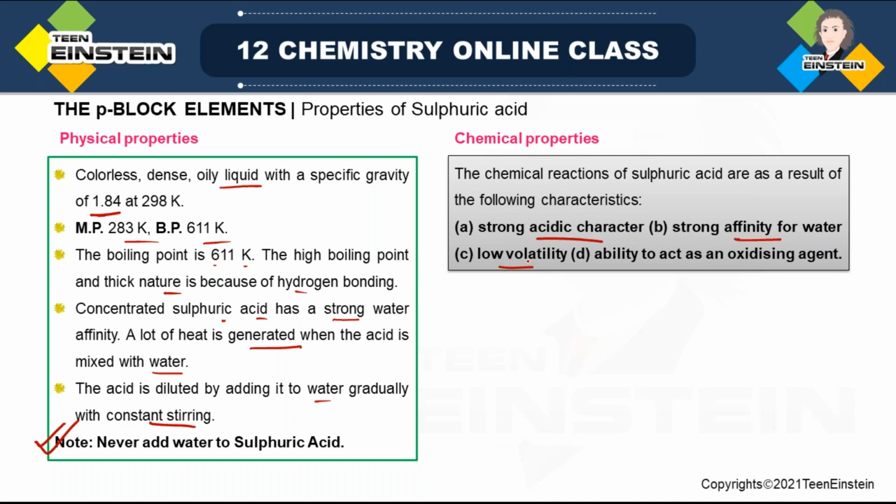In some reactions its low volatility is utilized, and in some it acts as an oxidizing agent. Questions like these are very common: some reactions will be given and it will be asked in which of these reactions it shows oxidizing property.